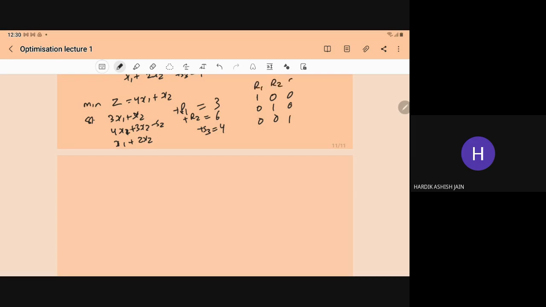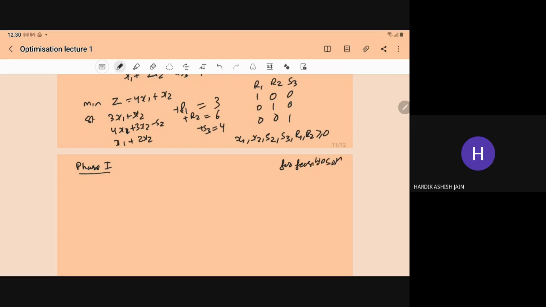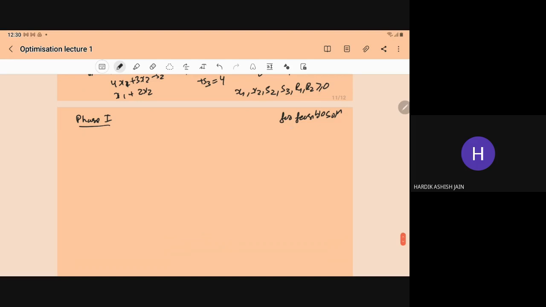Clear? Here x1, x2, s2, s3, r1, r2 are greater than or equal to 0. Now for phase 1, for the feasible solution, what is our objective? For r1 and r2.